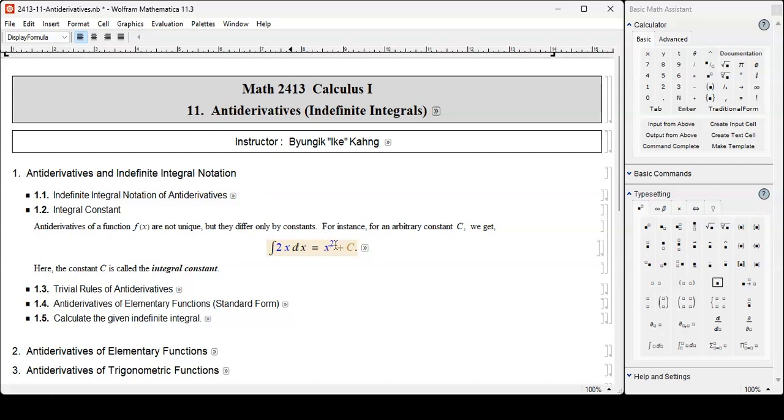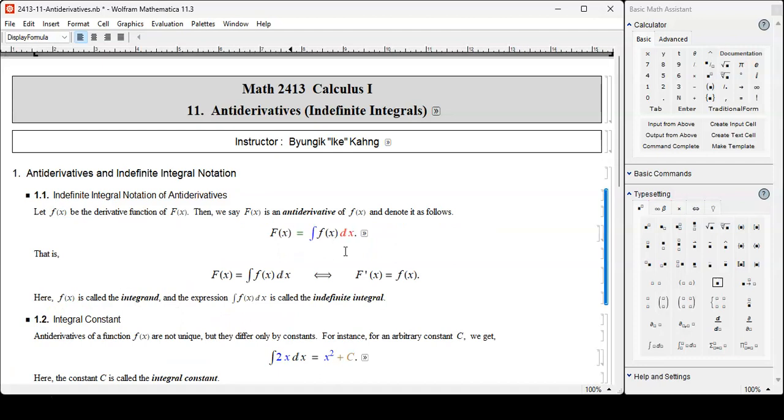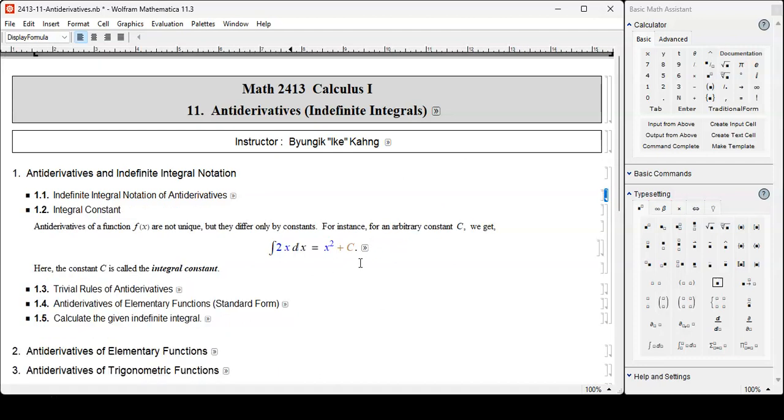So this x squared is actually an antiderivative, not the antiderivative, because there are infinitely many antiderivatives, and this x squared function is just one of them. And if you want to find everything, then you need this plus c. But unlike this dx, which I take off 1 point for each mistake, this plus c, I don't usually take off any point.